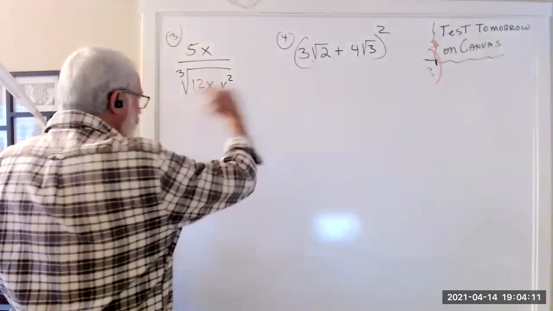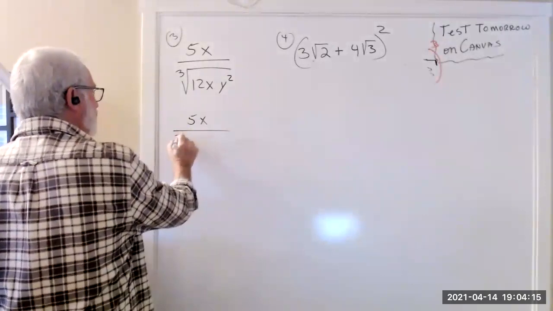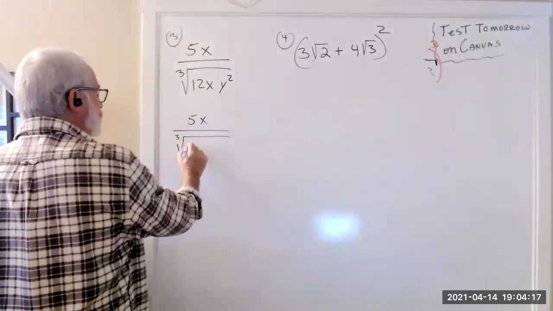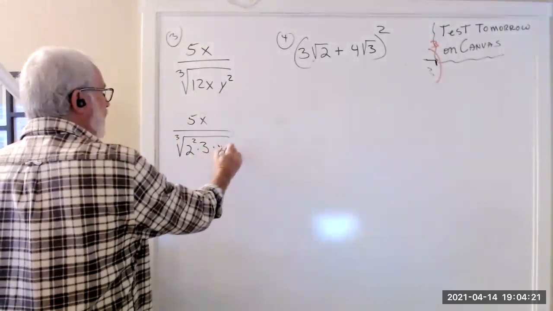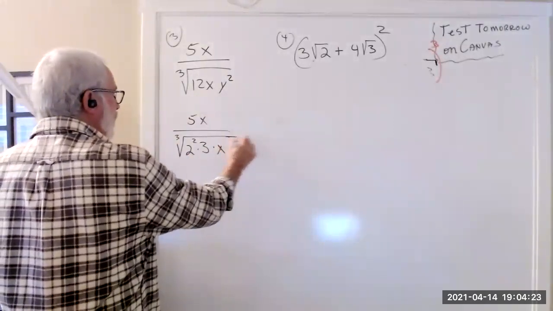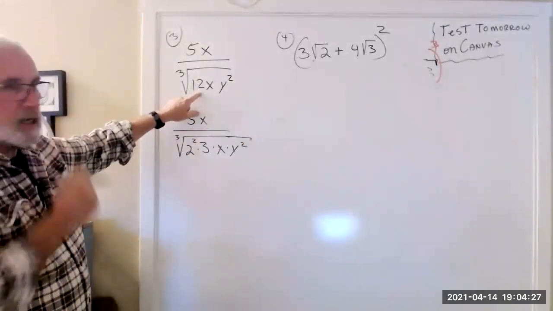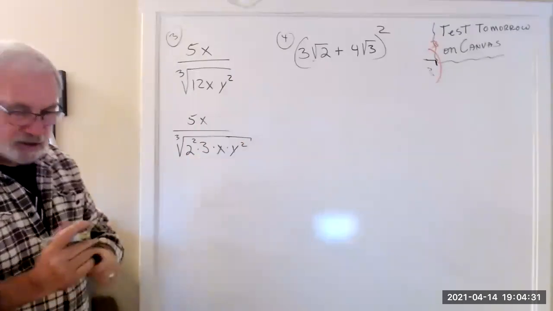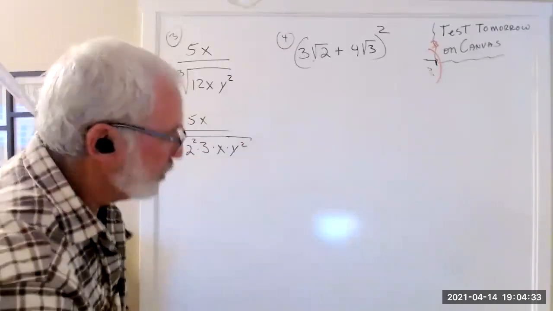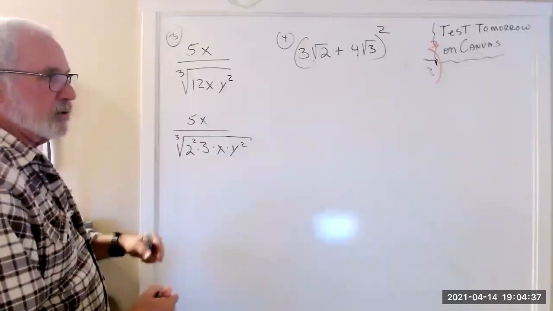So you may do it slightly differently. It's okay as long as we all get the same answer. I see this as 2 squared times 3 times x times y squared. I factored 12. 12 was 4 times 3, but 4 is 2 squared. Now I'm looking at this going, okay, what can I do to make everything cubes in the denominator?